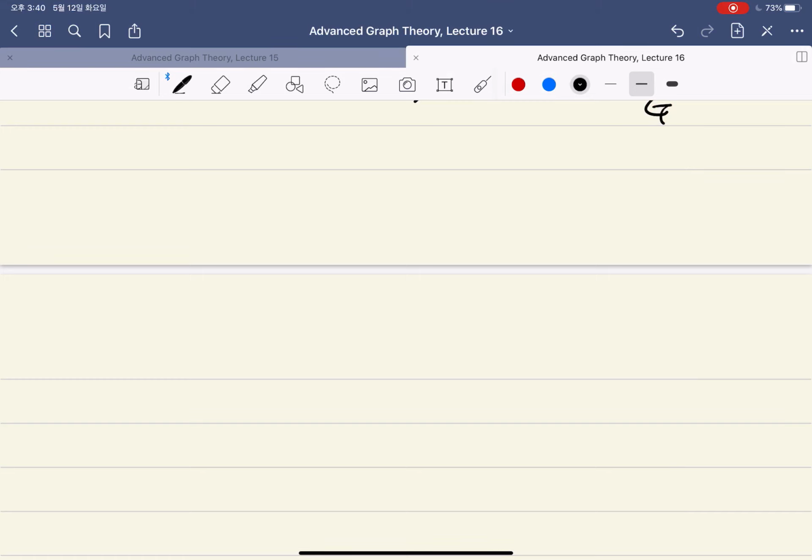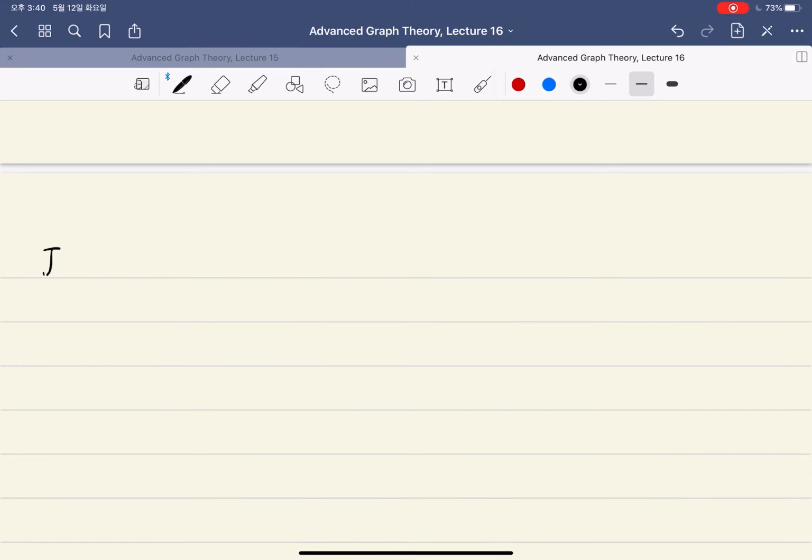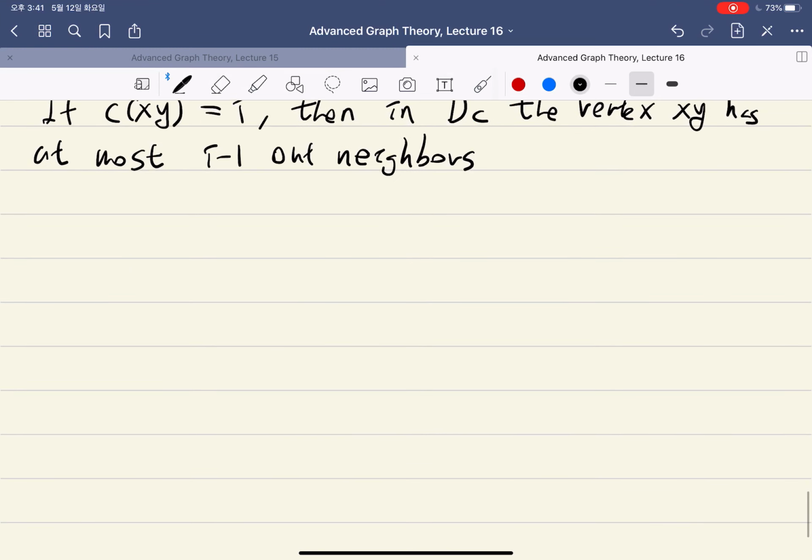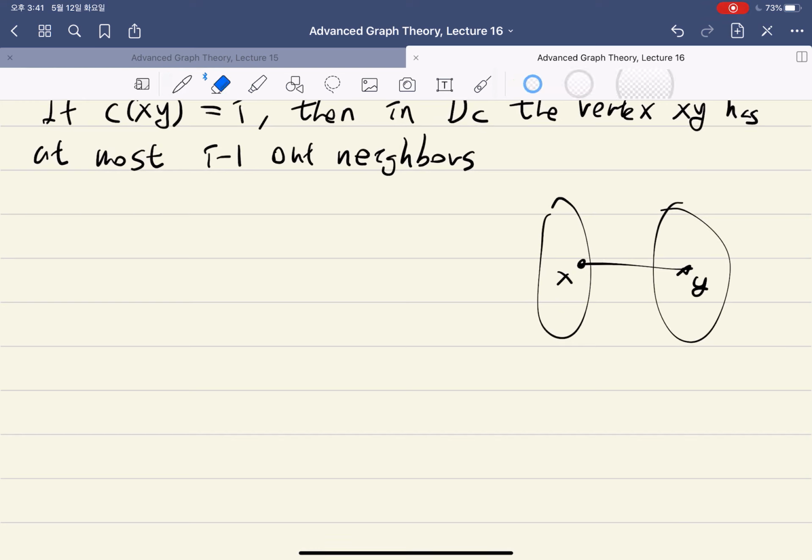X is a vertex in X and Y is a vertex in capital Y. And if we have this edge whose edge coloring is I, then in this DC, the vertex xy has at most I minus 1 out neighbors. So x, y, this has value I.